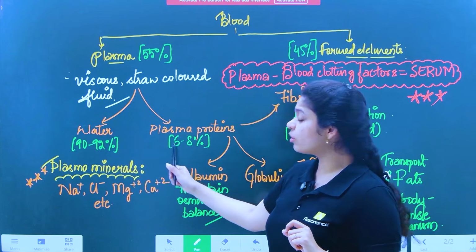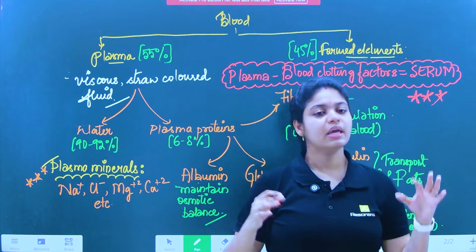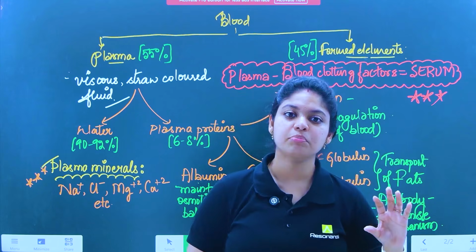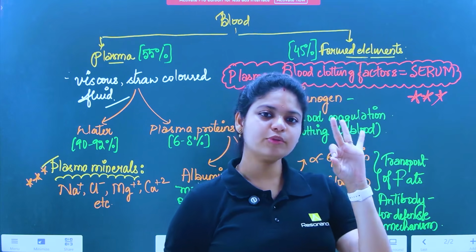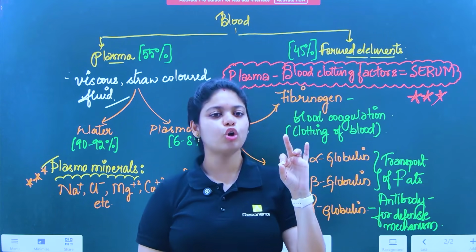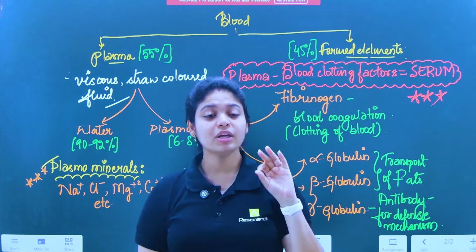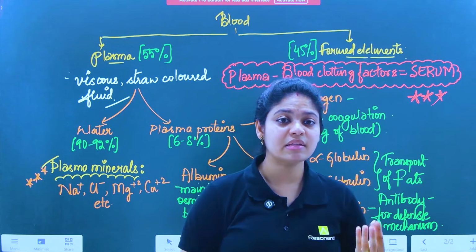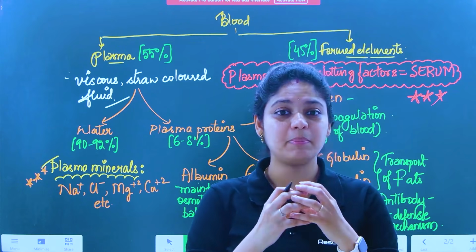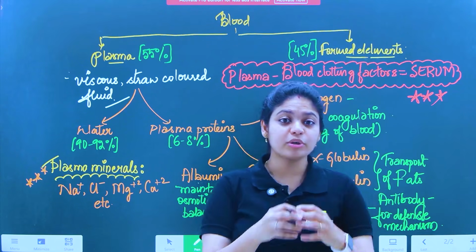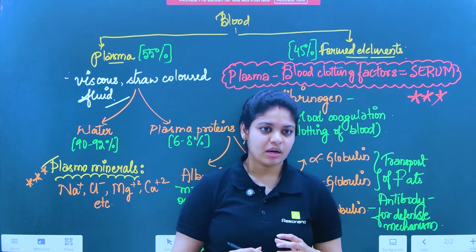Other than water, what was there? Plasma proteins. In our blood, there are certain proteins called plasma proteins. These plasma proteins are of three types: albumin, globulin, fibrinogen. Albumin maintains the water content. Osmotic balance means it is maintaining the water content of the cell. Understood?